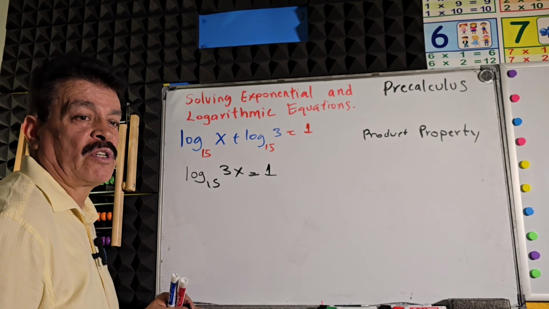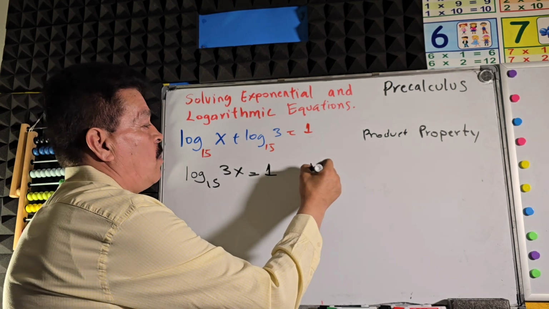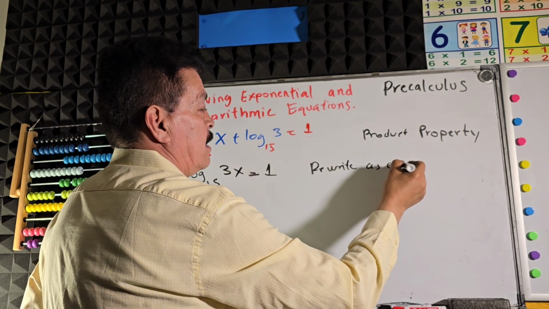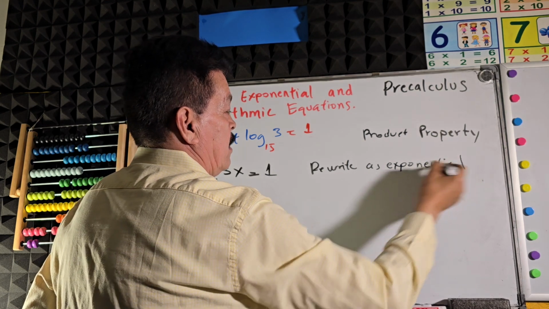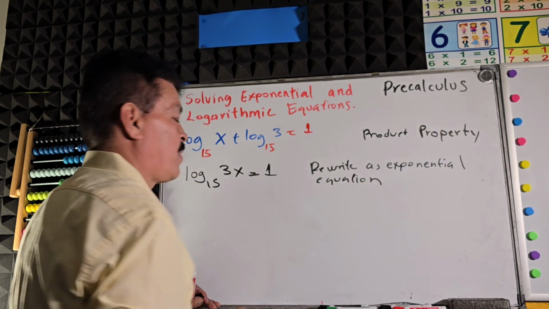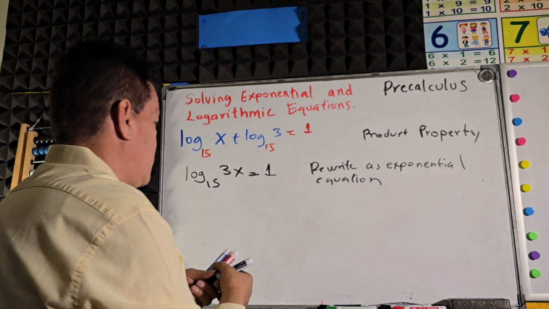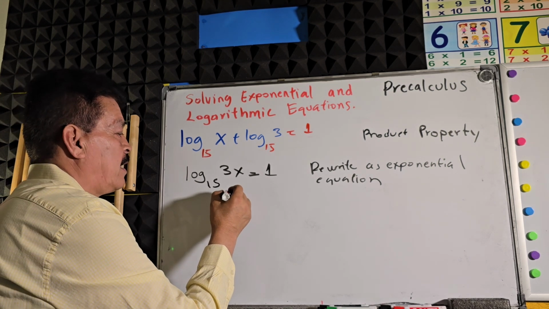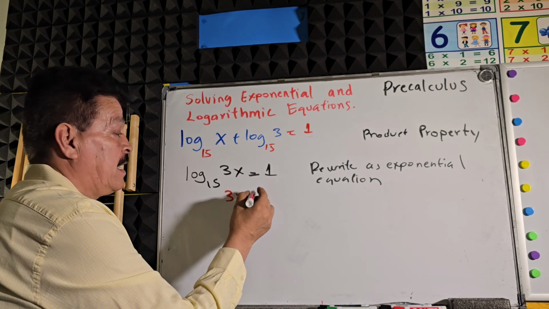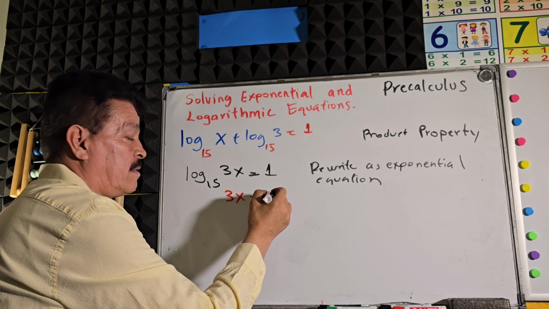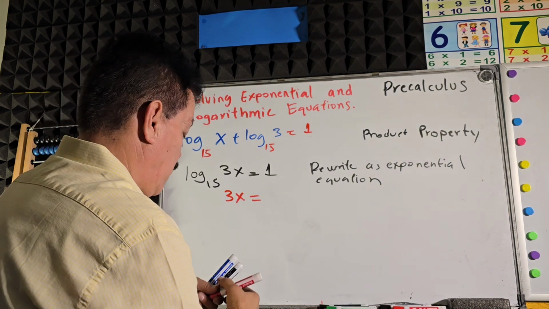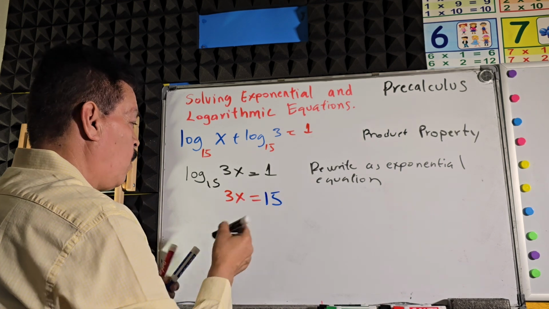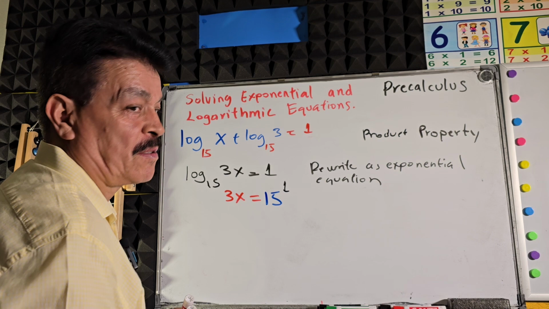Now rewrite as an exponential equation. Then 3x equals the base 15 with exponent 1.